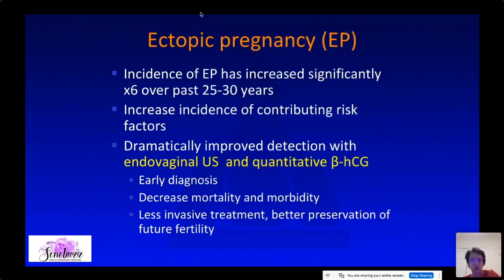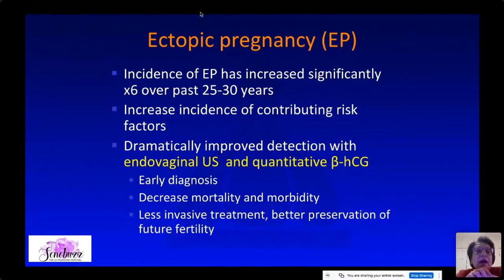So we all know that the incidence of ectopic pregnancy has increased significantly over the past several years, probably for 2 reasons. First of all, there is a dramatic improvement in detection of ectopic pregnancies thanks to endovaginal ultrasound and the combination of endovaginal ultrasound and quantitative serum beta hCG.